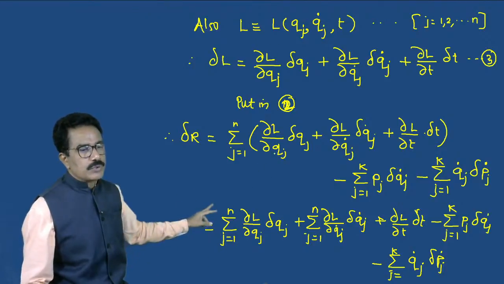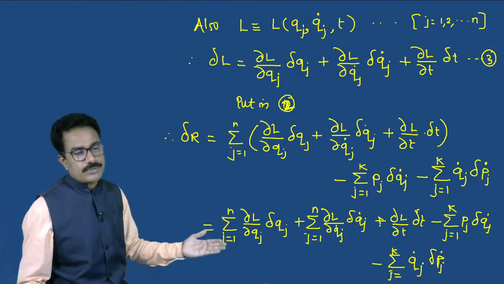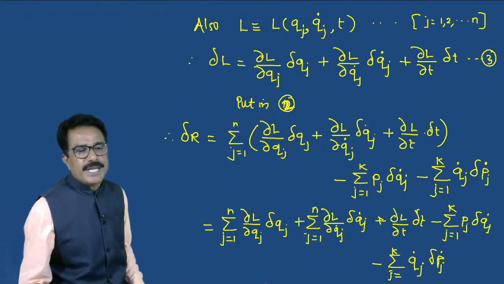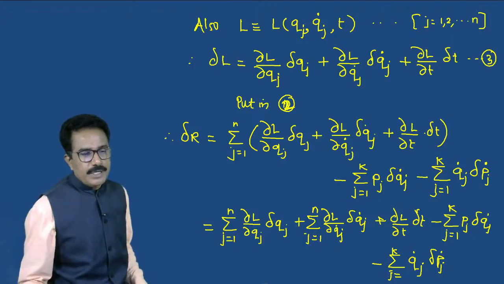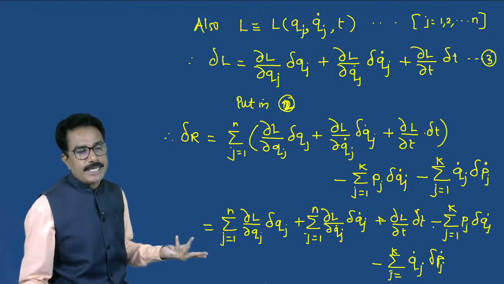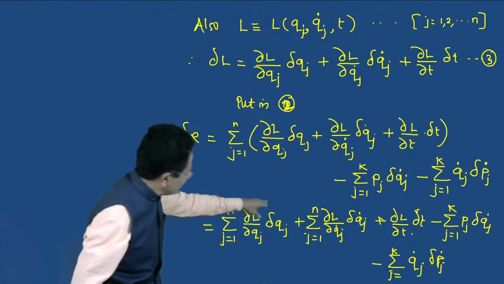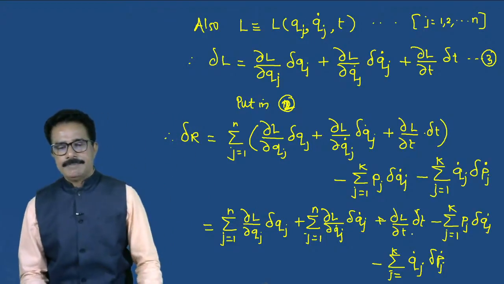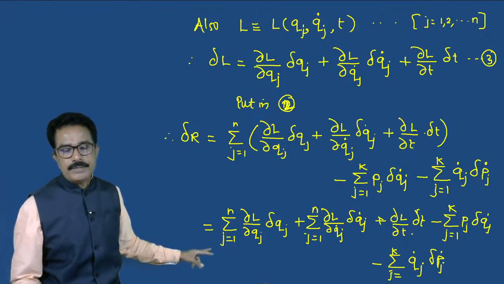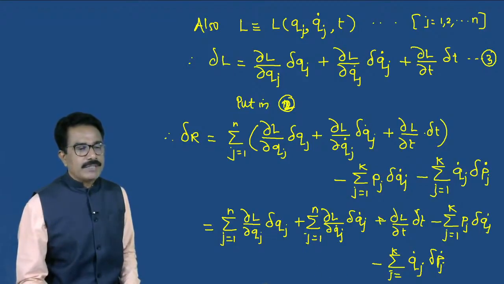So summation j equals 1 to n dou L by dou qj into delta qj, plus summation j equals 1 to n dou L by dou qj dot into delta qj dot, plus dou L by dou t into delta t. Now there is no summation j in the third term, so there is no need to separate the summation. Minus, the remaining two terms are as they are. You already knew all these things. Okay.